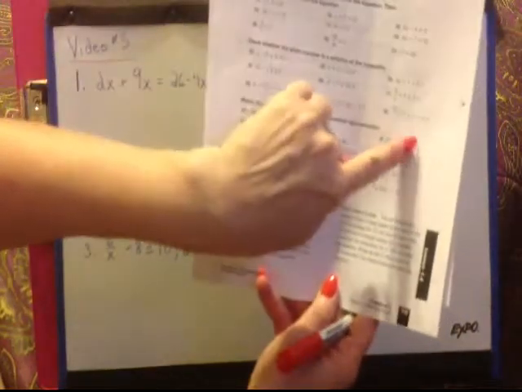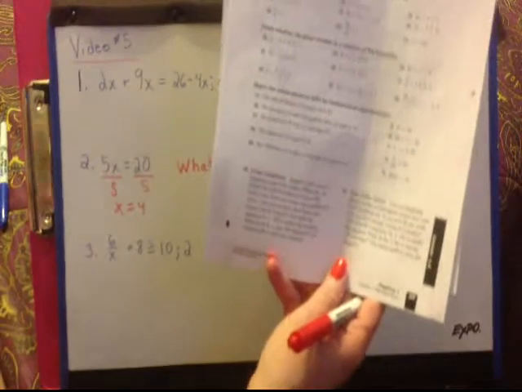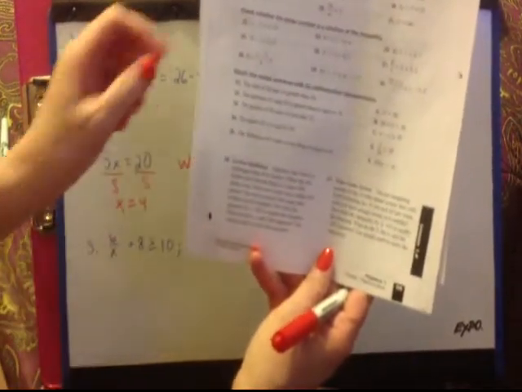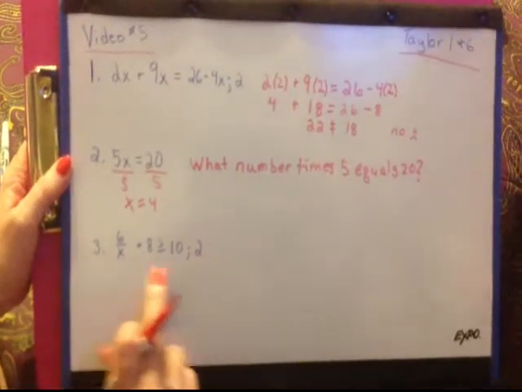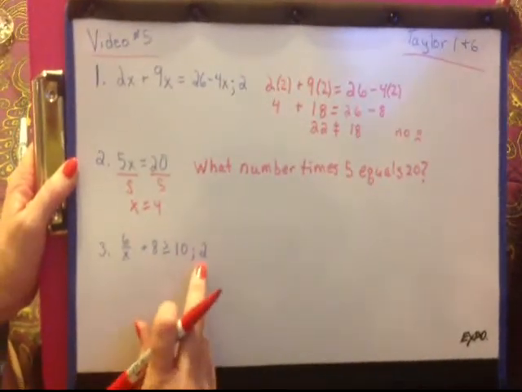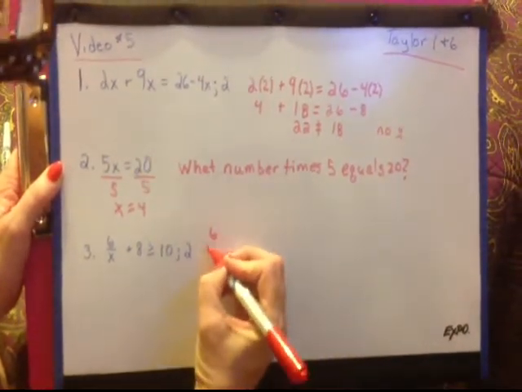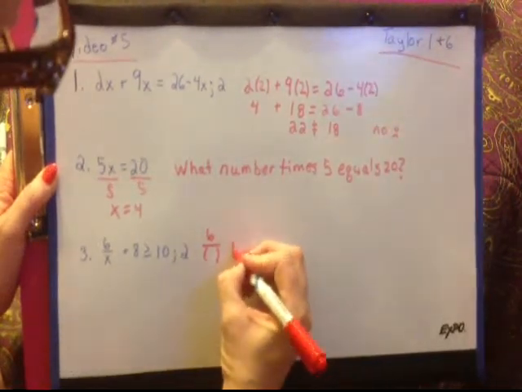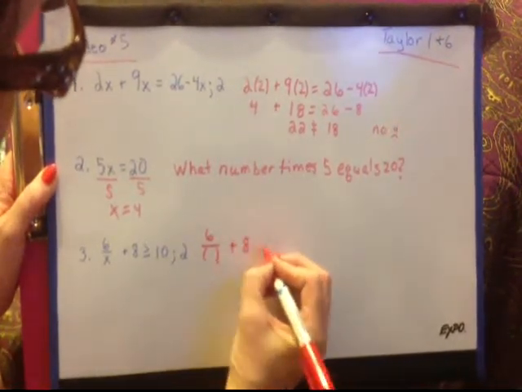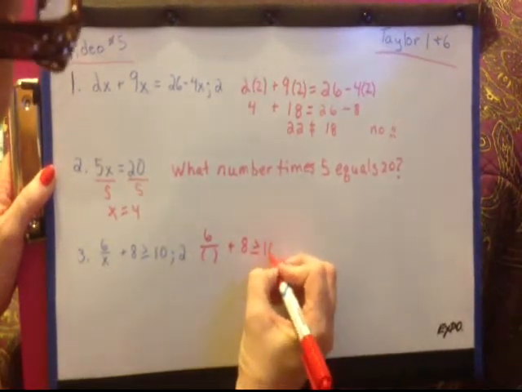Okay, now with this third section of this worksheet, check whether the given number is a solution of the inequality. So we're going to once more rewrite our equation, and we're going to put this number in place of our variable. So 6 divided by, we're putting parentheses there, plus 8 is greater than or equal to 10.